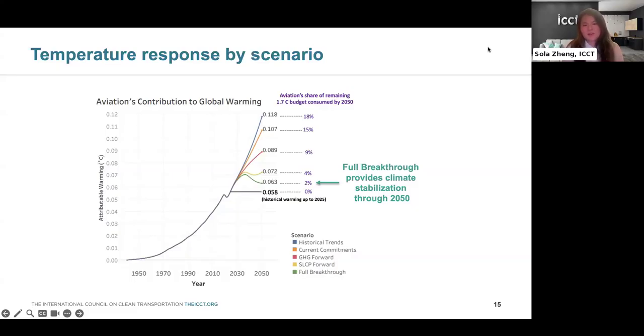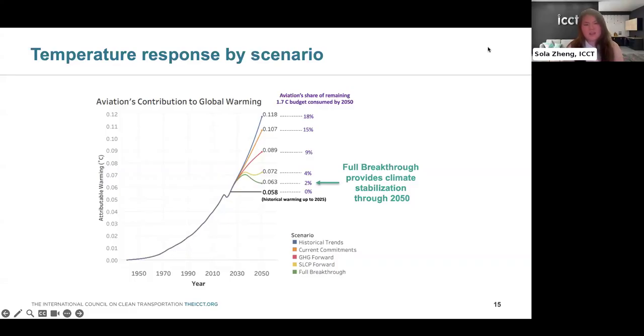But there will be an inflection point around 2043 where the continued accumulation of CO2 in the system overpowers the near-term cooling trends from SLCP controls.